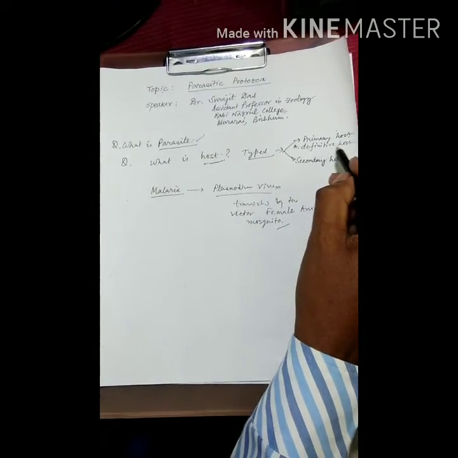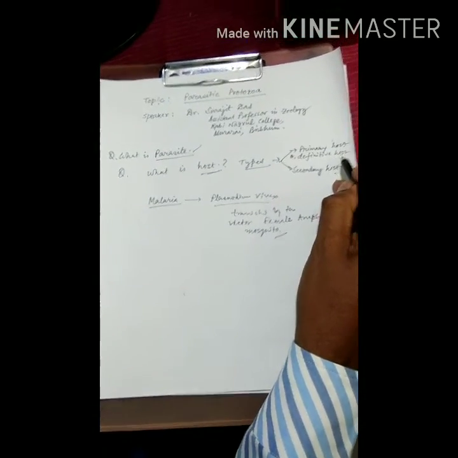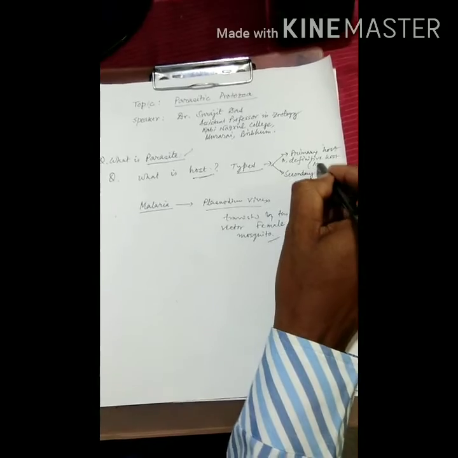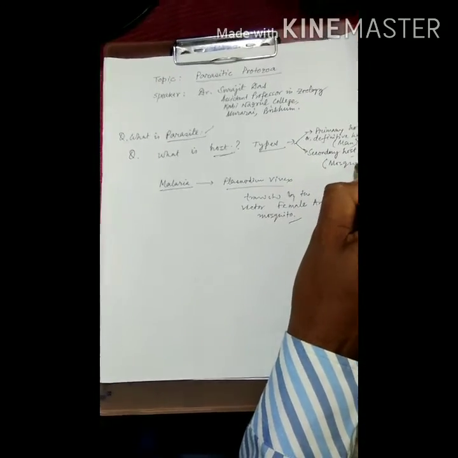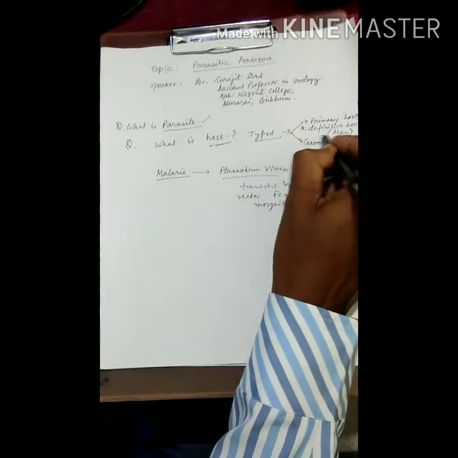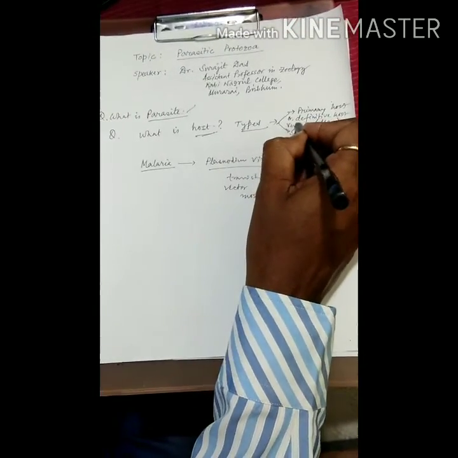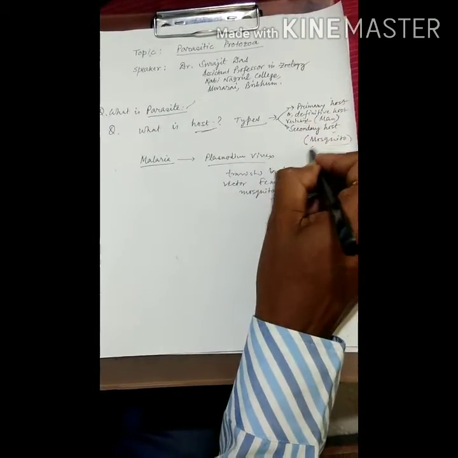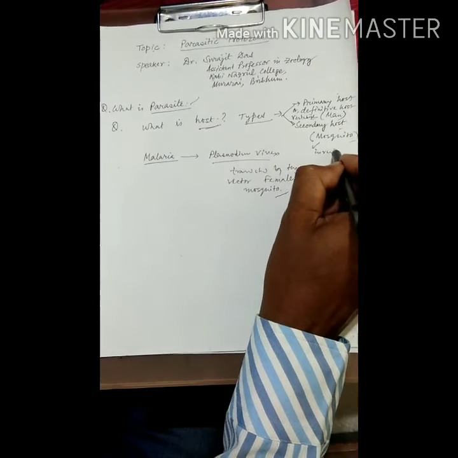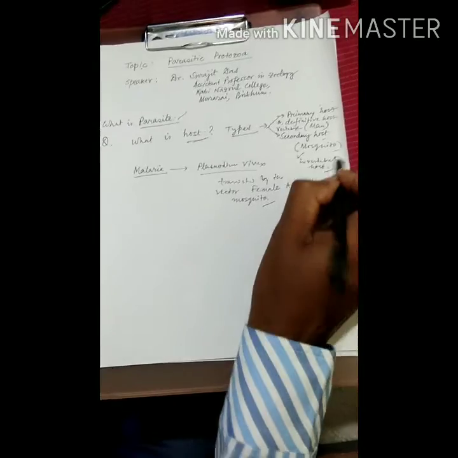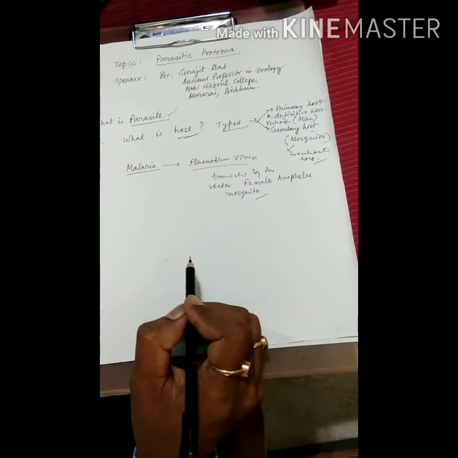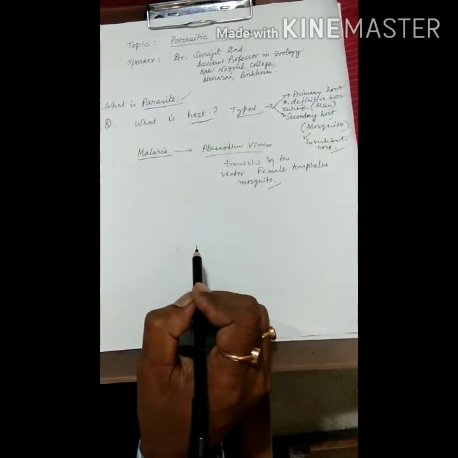Here, the primary host or definitive host is man, and the secondary host is the mosquito. Man is the vertebrate host, and the mosquito is the invertebrate host.